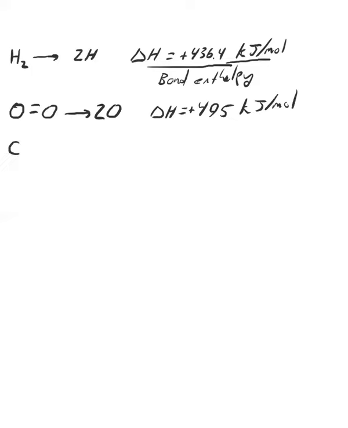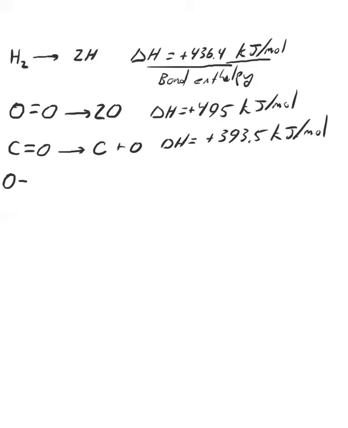Let's do the carbon-oxygen double bond. Breaking that bond into 2 separate atoms, carbon and oxygen, is plus 393.5, again kilojoules per mole. Here's another one, the OH bond. To break an OH bond into an oxygen and hydrogen atom, delta H is 463 kilojoules per mole.